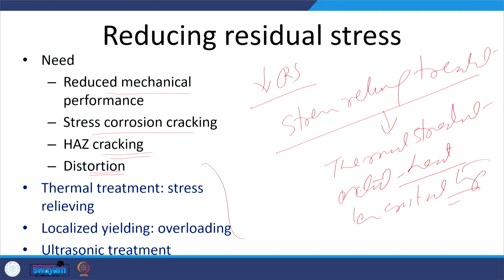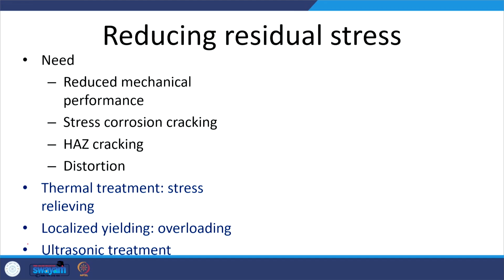We do not want any phase transformation or much alteration in the properties. In the case of ferrous metals, maximum heating for stress relieving can be done below the lower critical temperature. But in the case of aluminum, we also have to see that unnecessary dissolution and reversion does not take place because of the stress relieving. So, depending upon the metal system, heating is done.